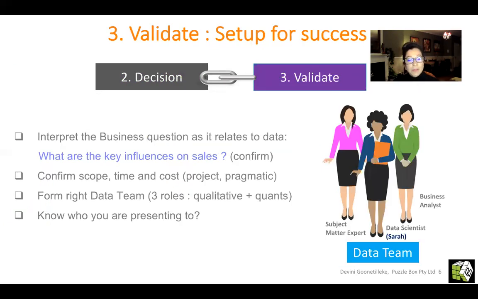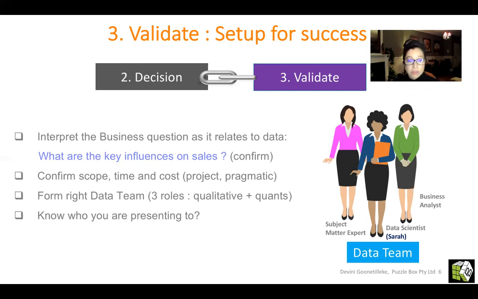Now, Sarah is part of the data team, and she's helping Joe validate the decision she has on sales. In order for Sarah to be set up for success as a data team member, she needs to do a couple of things. The first thing she needs to do is interpret the business question as it relates to data.